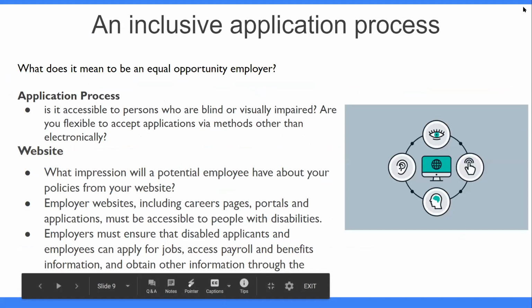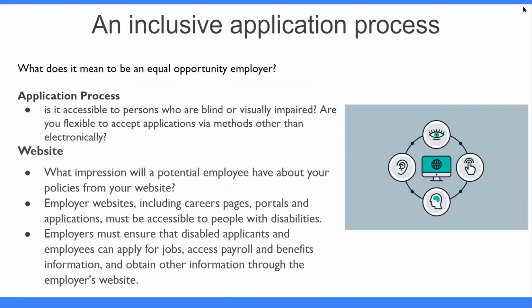So after we have our ad out, we want to make sure that the application process is inclusive. So we want to think about what it means to be an equal opportunity employer, and do we have those policies in place? And how accessible is the application process? So for example, is it accessible to persons who are blind or visually impaired?